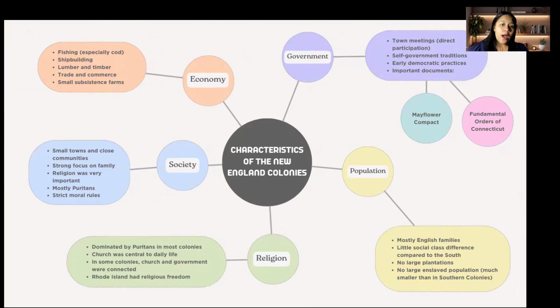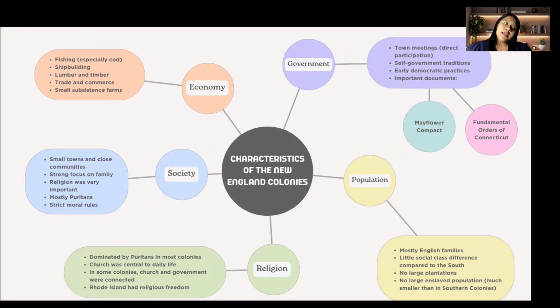Okay, sure. So about these characteristics, let's look first at their economy. As I mentioned before, on each colony, these were based on fishing, shipbuilding, lumber trade, and small farms. Regarding their society, it was made up mostly of English families living in small towns with strong communities.